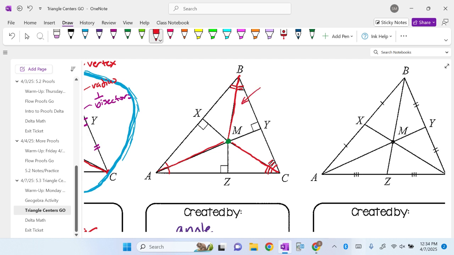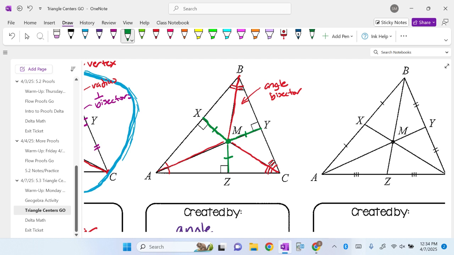So these red lines are angle bisectors. It also means that if you were to draw a line straight from the incenter to the nearest side, that line would be congruent to this one to this side and from this one to this side. It's always going to be equidistant from the sides of the triangle.